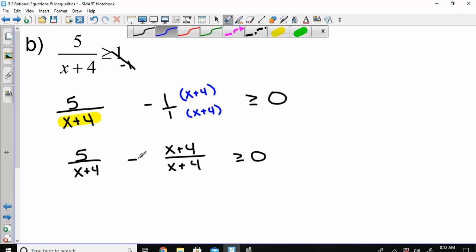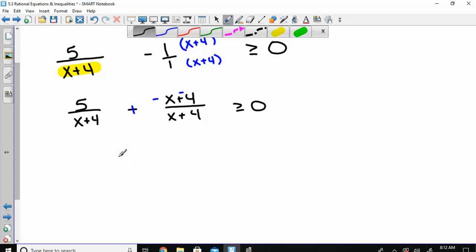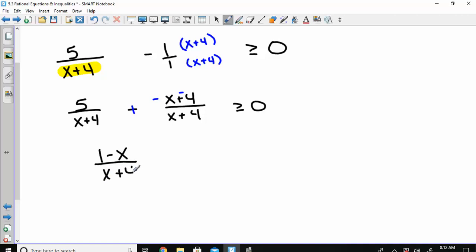So I can distribute my negative. Now, since my denominators are the same, I can make these into a single fraction. So 5 minus 4 would be 1 minus x over x plus 4 is greater than or equal to 0.